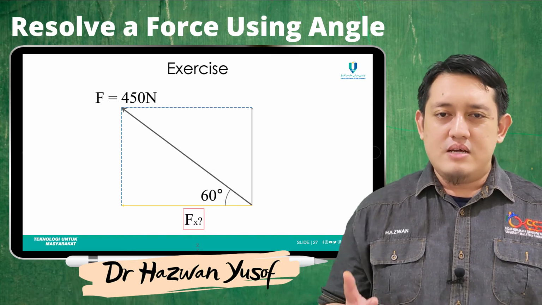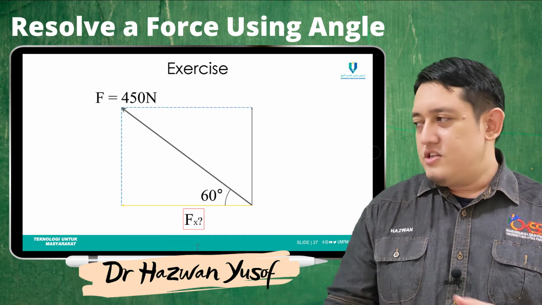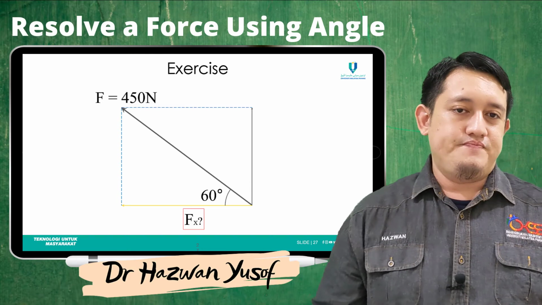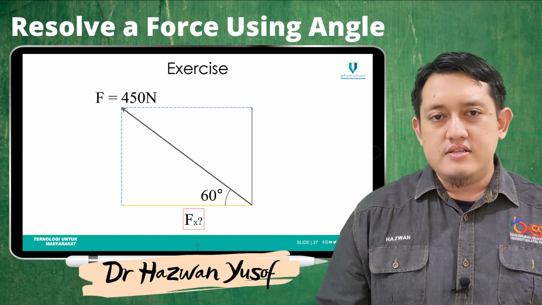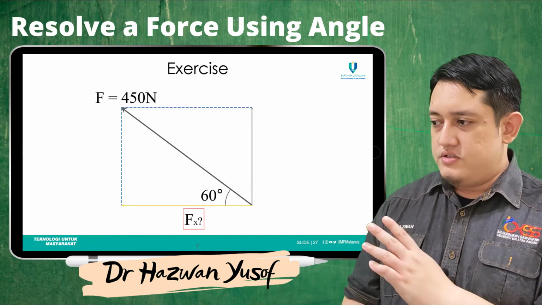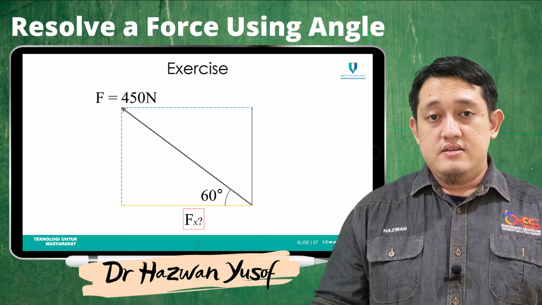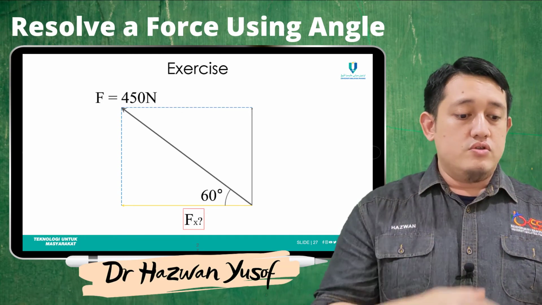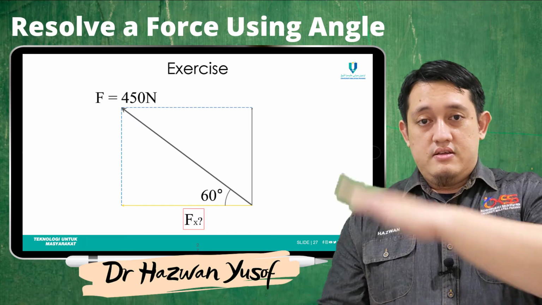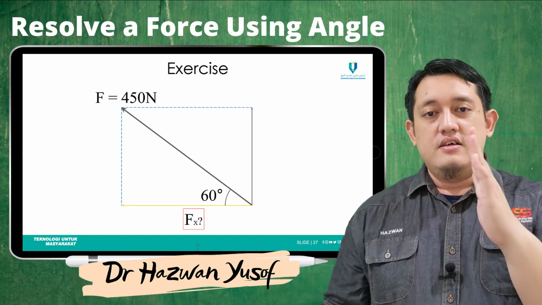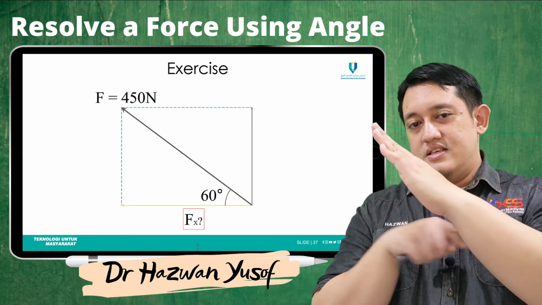Now, let's do some simple exercises. Let's look at this force here. We have 450 Newton of force, and we have an angle between the force and also the Fx. This one, force here, Fx here, and the angle is here.